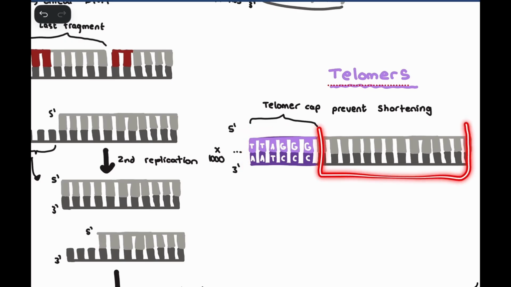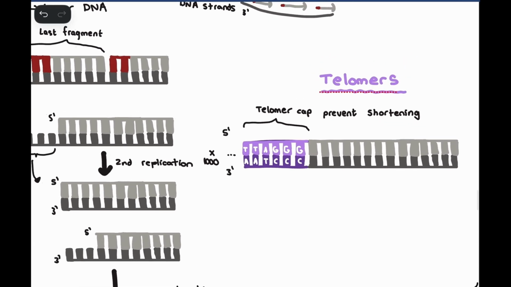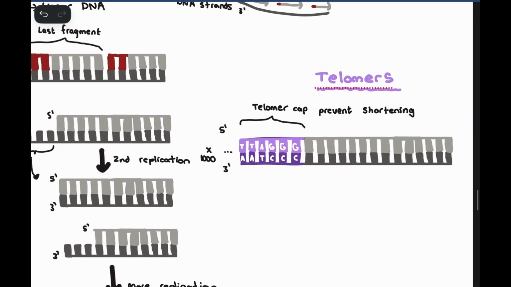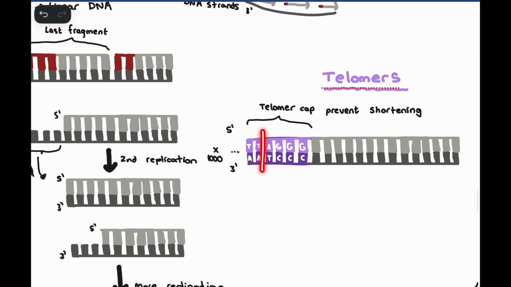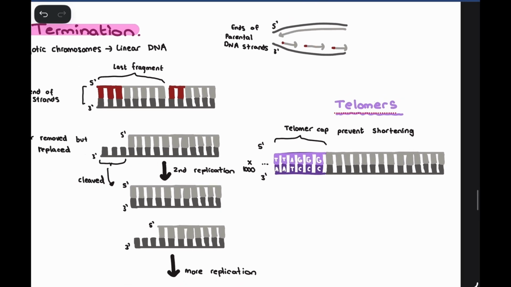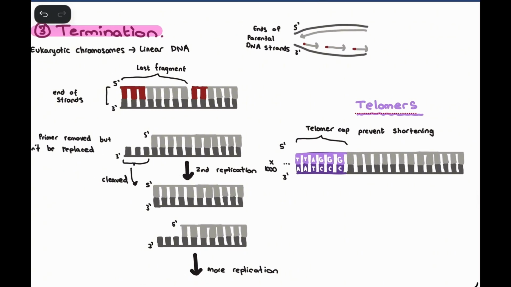And this section over here is the actual coding DNA molecule. The reason this is so significant is because as DNA replication goes for multiple rounds, it may be cleaved off at any time over here, but it will not be affecting the genetic information because this section here is non-coding. So it protects the coding section of the DNA molecule.